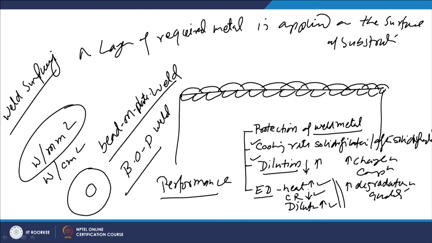Now, we will look into these aspects a little bit in greater detail. So, we have aspects like protection, the cooling rate, dilution, and the energy density associated with the process.